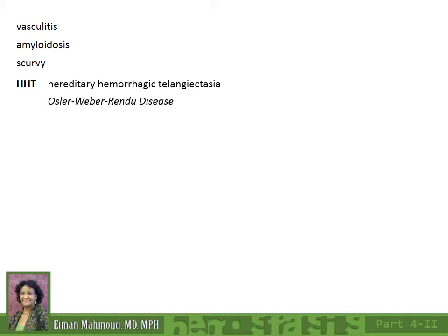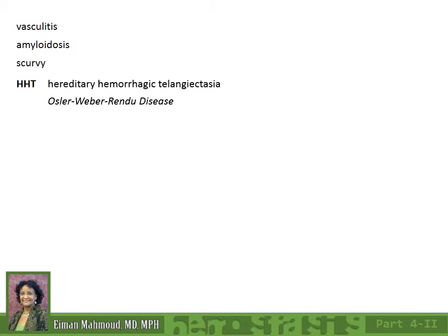Now let's talk about HHT, or hereditary hemorrhagic telangiectasia. So far we've seen that involvement of blood vessels can be due to immunological damage, infectious damage, or nutritional causes. The following case is involvement of blood vessels due to a genetic condition, and that is telangiectasia.